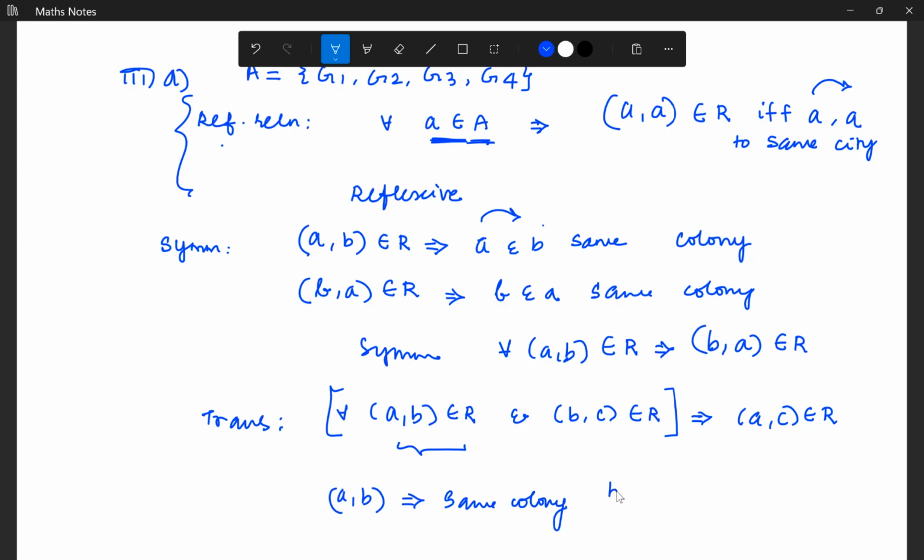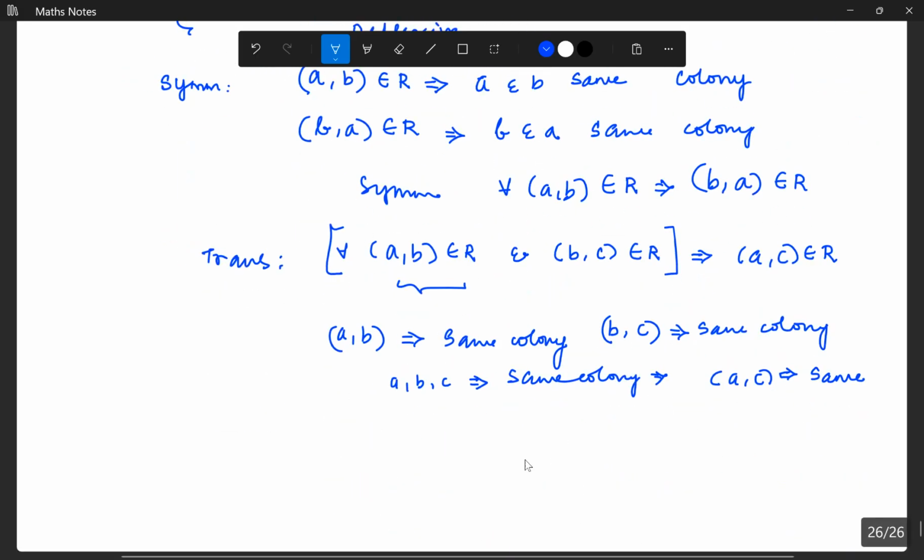right? B and C also belong to the same colony, which means B is sharing the same colony as A, B is sharing the same colony as C, which means all three A, B, C, they belong to the same colony. Going by this logic, we can also say that A and C, they belong to the same colony.